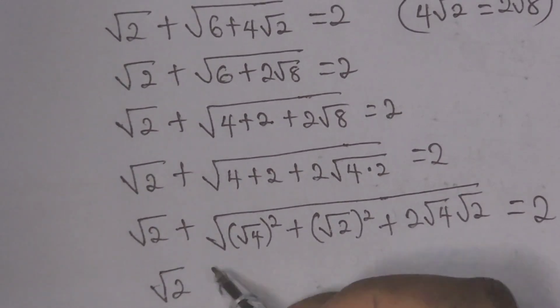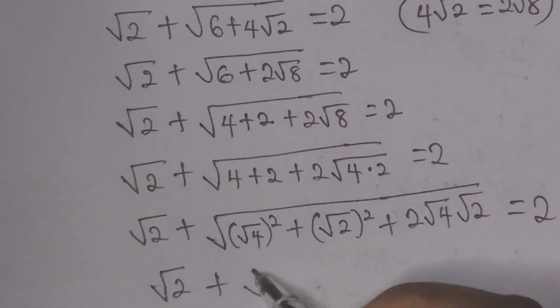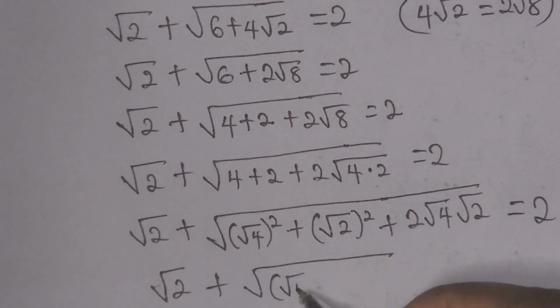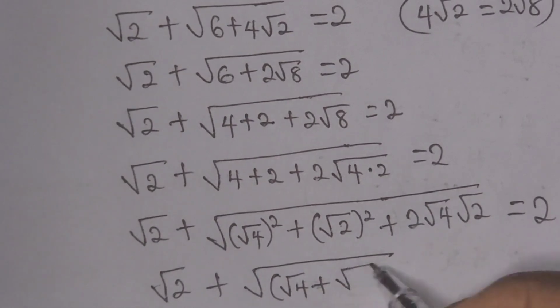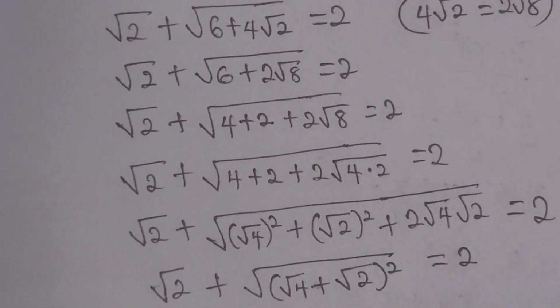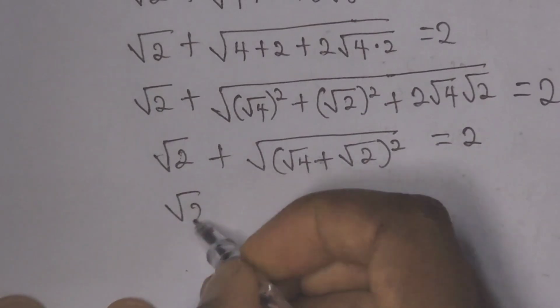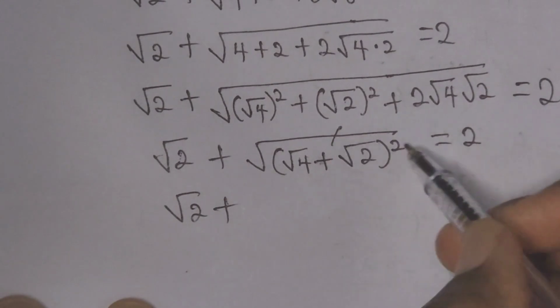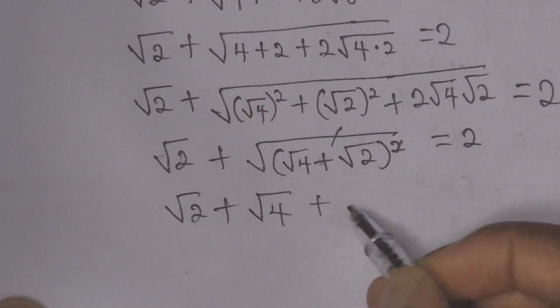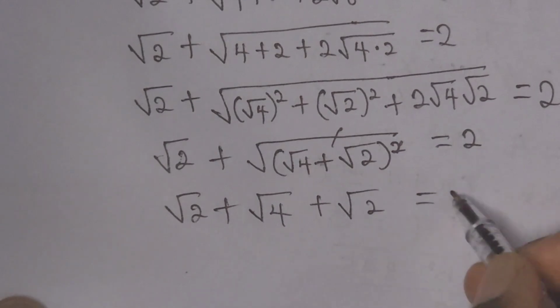Root 2 plus the square root of root 4 plus root 2 all squared, all equal to 2. Root 2 plus, this square root takes care of this square. We have root 4 plus root 2, all equal to 2.